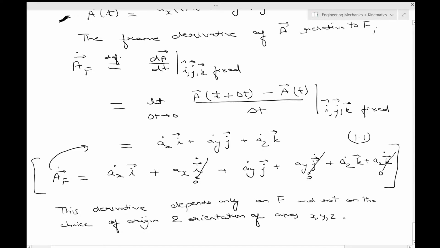The components of A dot F can be given with respect to any basis vectors.